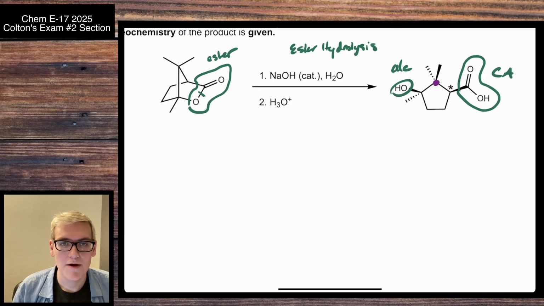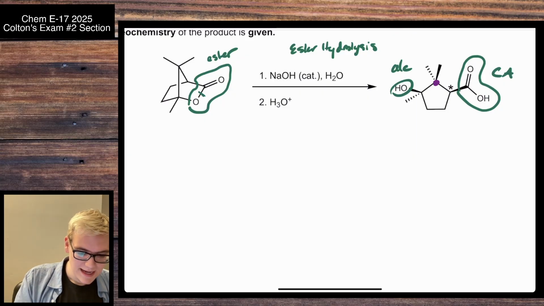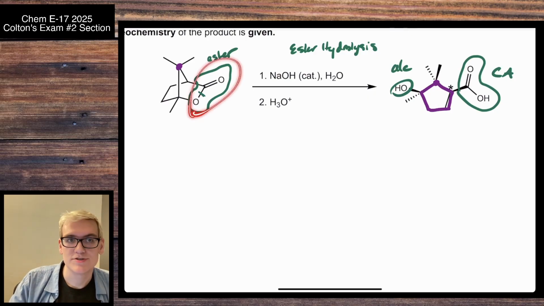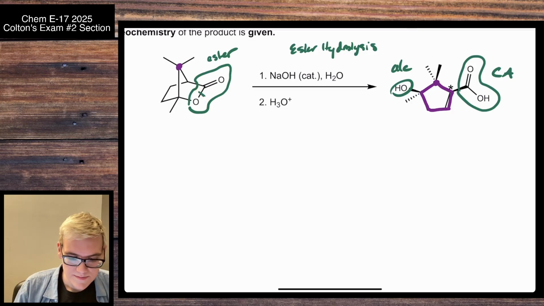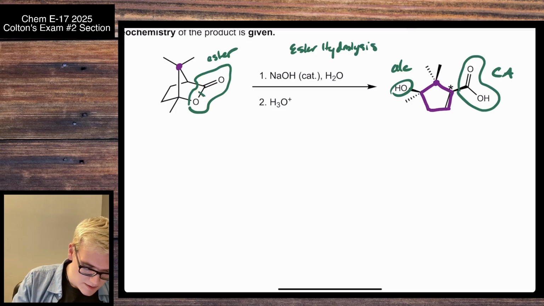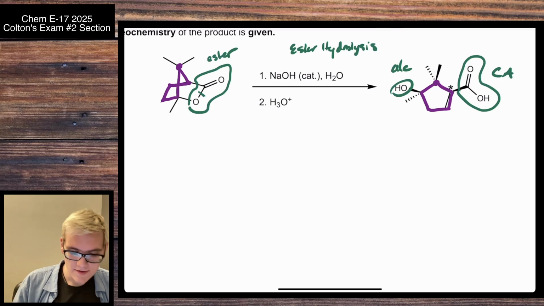We don't have any other spot with two methyls, and I see a spot with two methyls up here. Can we trace that and make a 5-membered ring? Because this 5-membered ring doesn't seem to be connected to our ester reaction at all. Our ester reaction is just going to break this open, basically. So we have 1, 2, 3, 4, 5. That's our 5-membered ring.